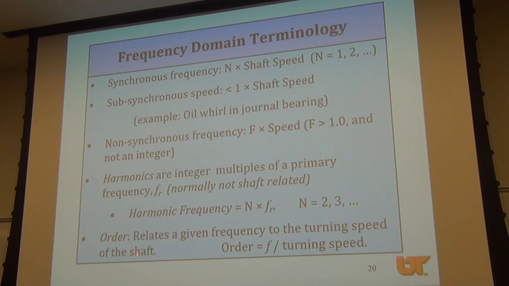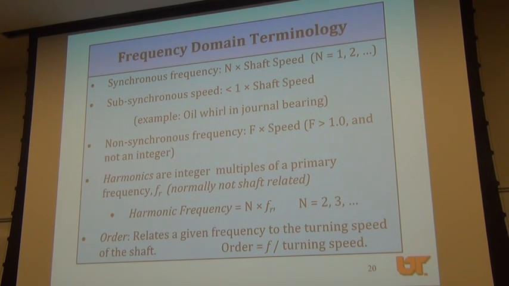But they are generally not integer multiples of this basic frequency. So you may want to remember these things: what is harmonic, what is subharmonic, what is subsynchronous, what is non-synchronous, and so forth.